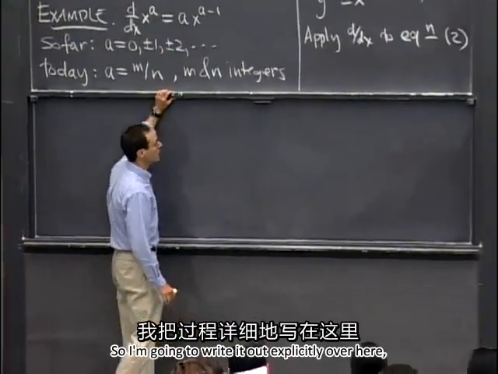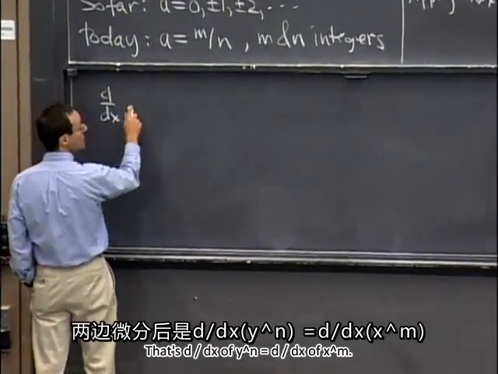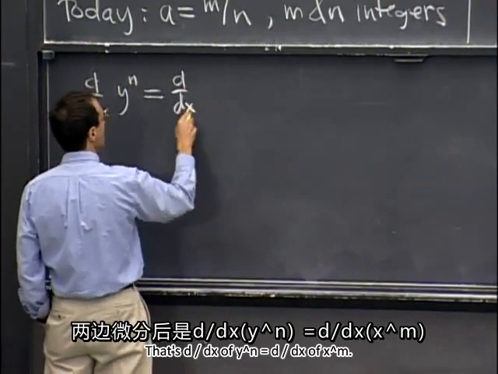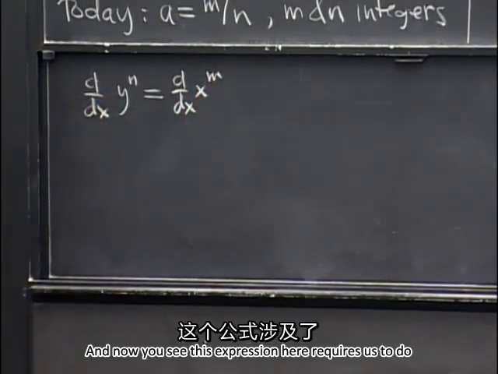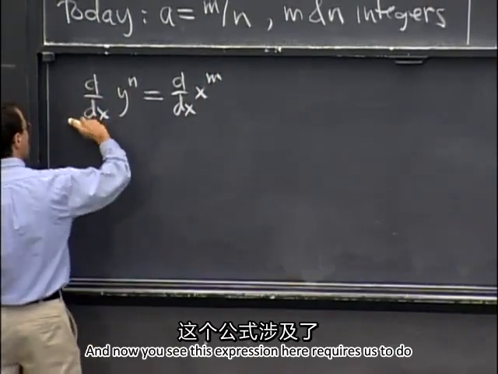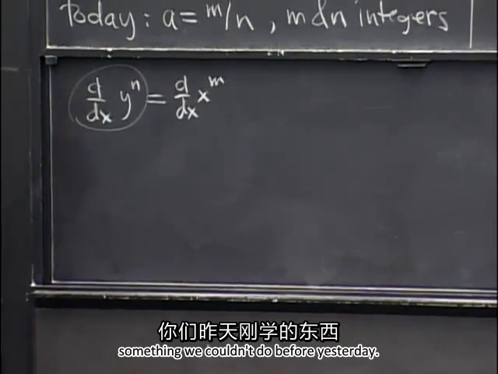So I'm going to write it out explicitly over here without carrying it out just yet. That's d by dx of y to the n equals d by dx of x to the m power. And now you see this expression here requires us to do something we couldn't do before yesterday.